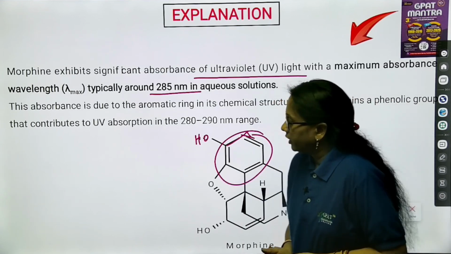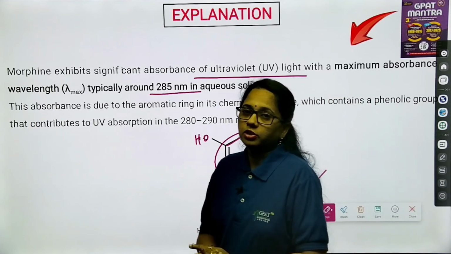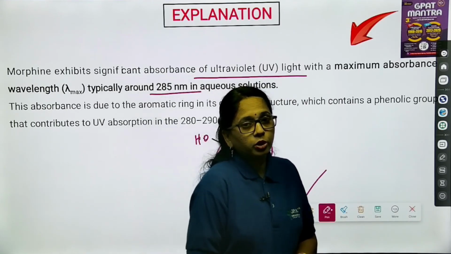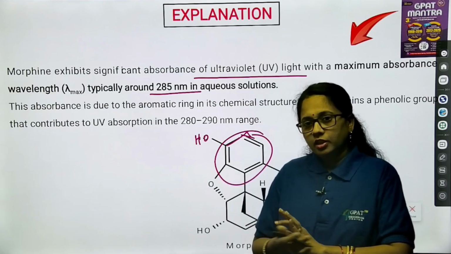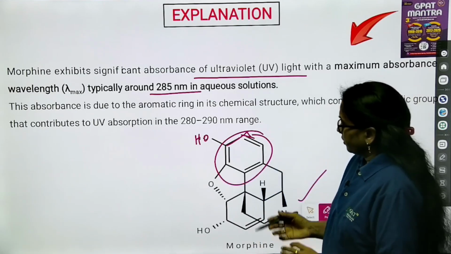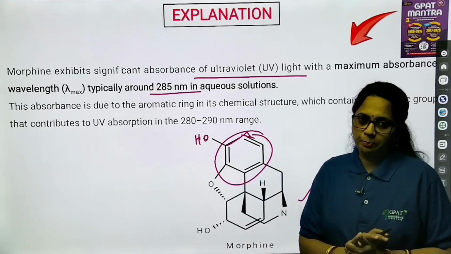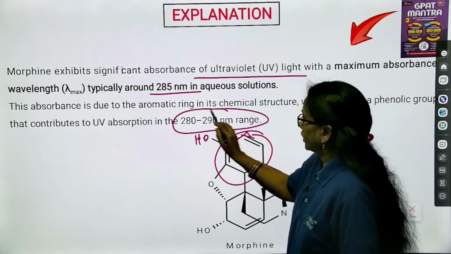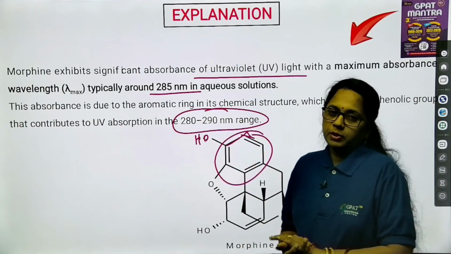And if the conjugation is more than 4, you need to apply the Fieser-Kuhn rule. But there also we see a different pattern. In this case we cannot apply those rules.